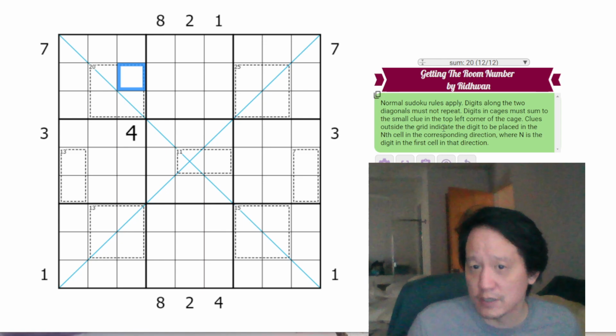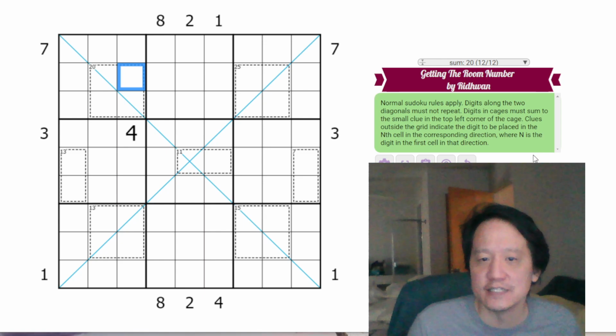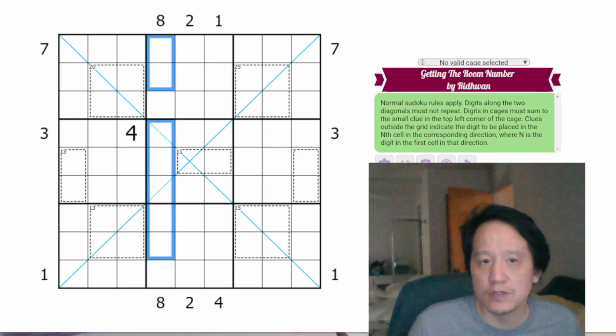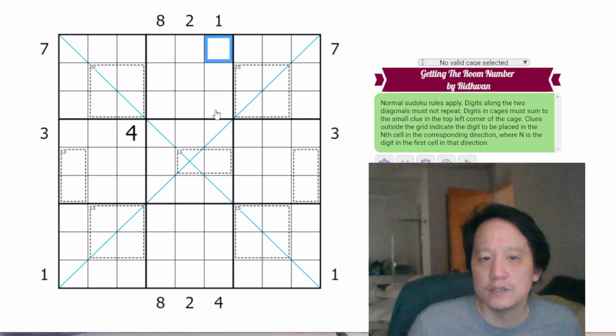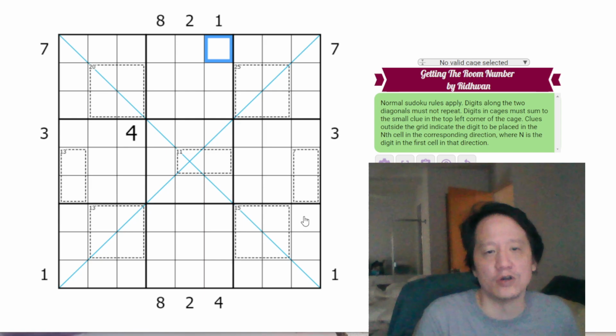Clues outside the grid indicate the digit to be placed in the nth cell in the corresponding direction, where n is the digit in the first cell in that direction. So that means for the clues, say this clue was a 1, and say this number were a 3.